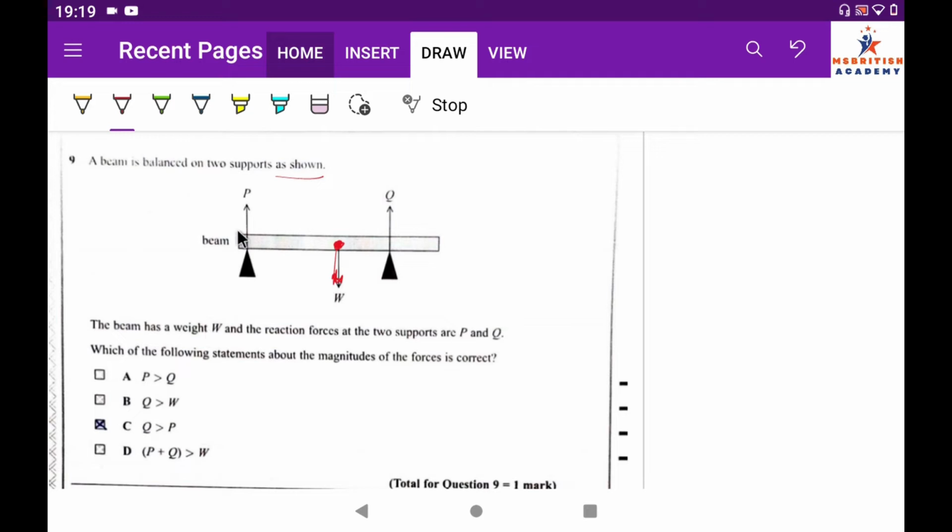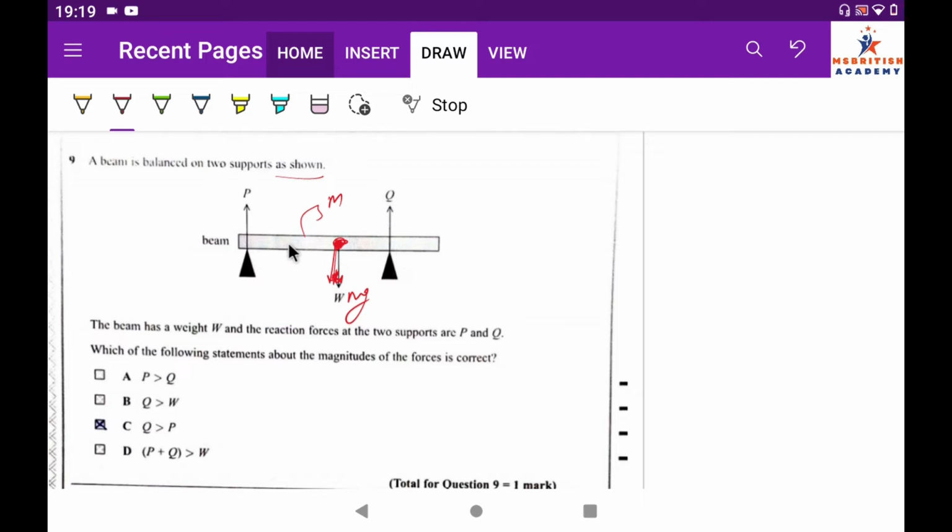Let's say this mass is M, so this is going to be mg.